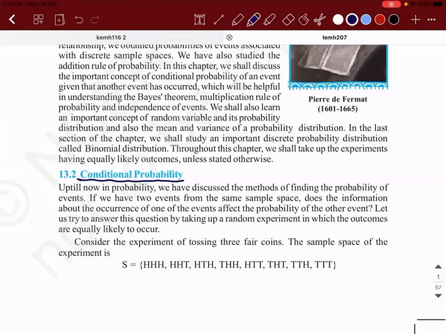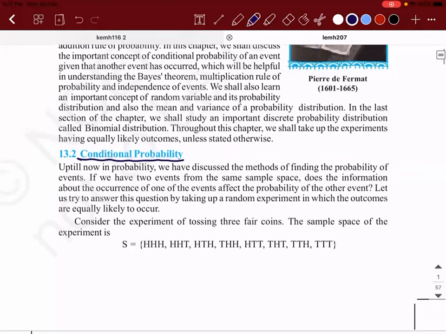Can you put it in some other way? The event occurring where the sample space is the output of some other event. Okay, I'm able to understand. I'll come to that point.